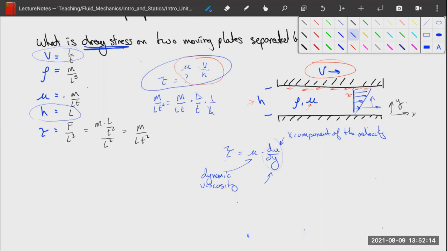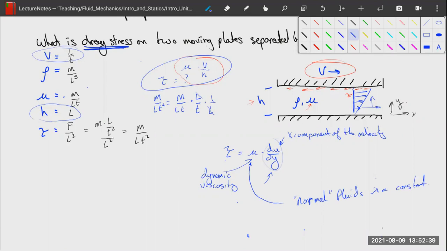Great. So normally, this quantity of viscosity in normal fluids is a constant, right?